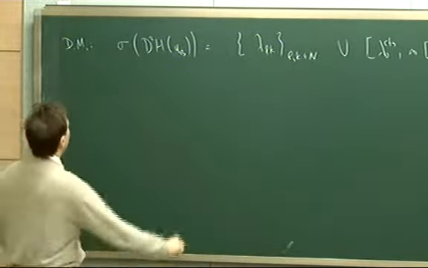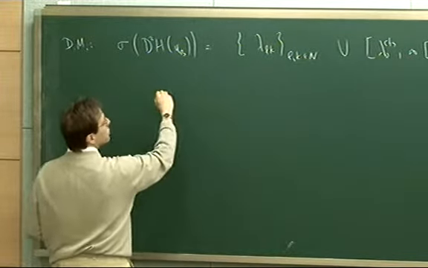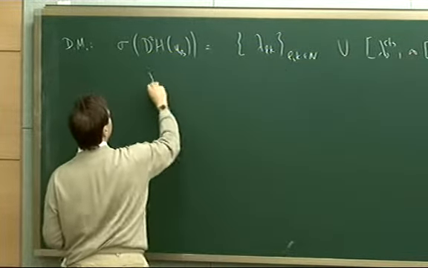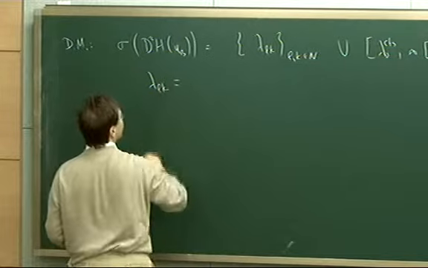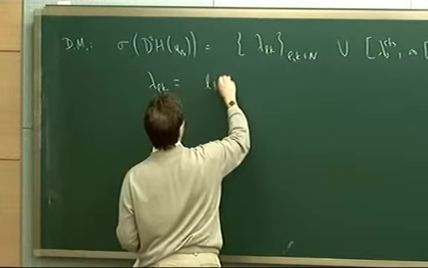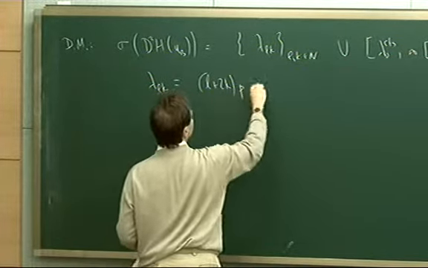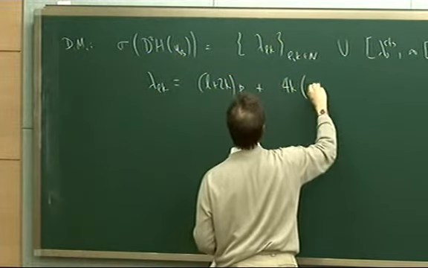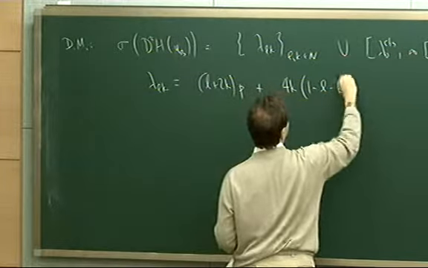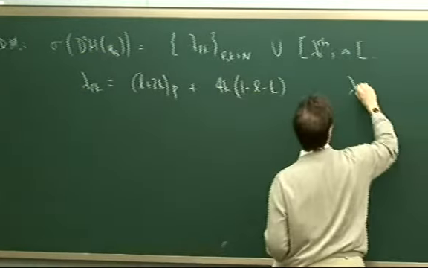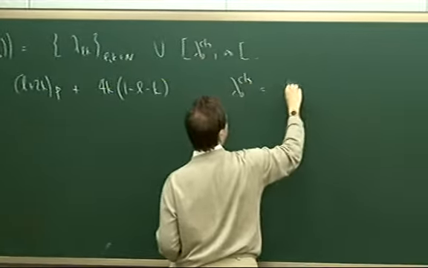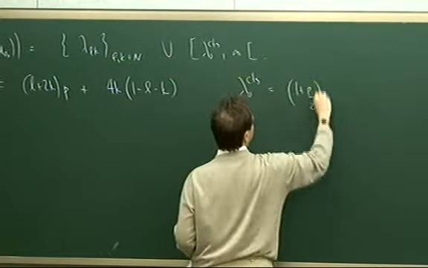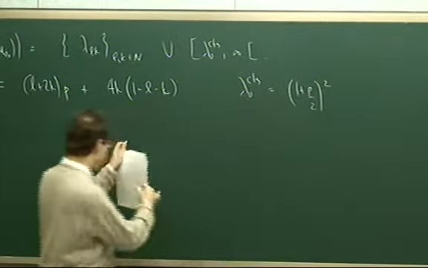And so I can tell you what the eigenvalues and the exact values are, if you like. Lambda LK is L plus 2K times P plus... so I hope I got it right.